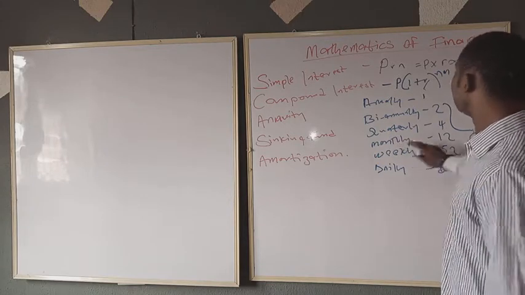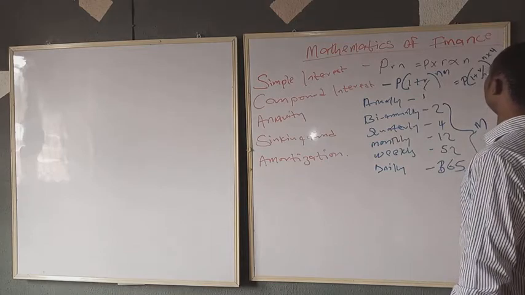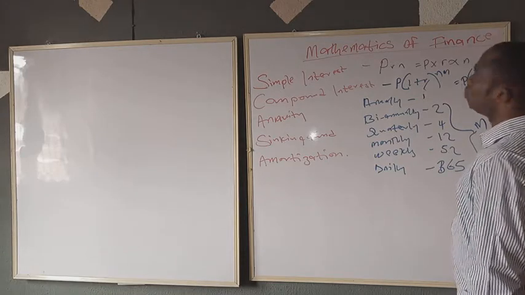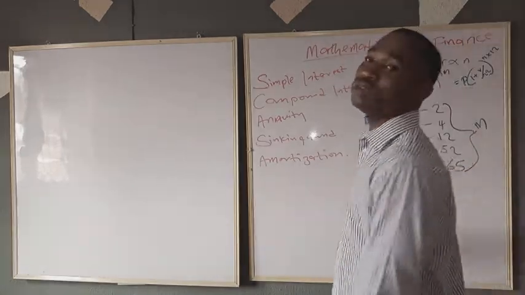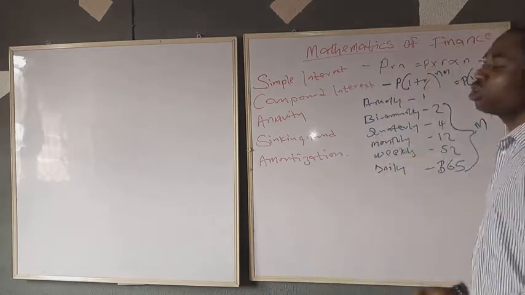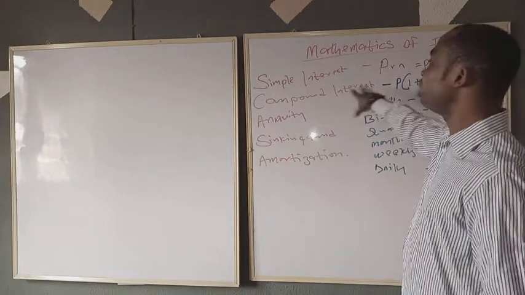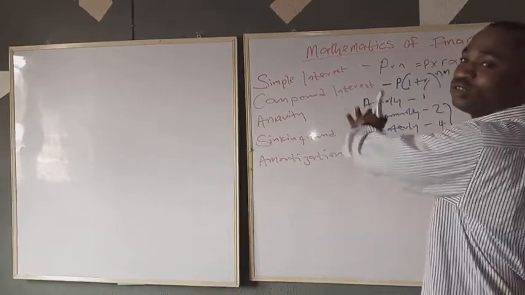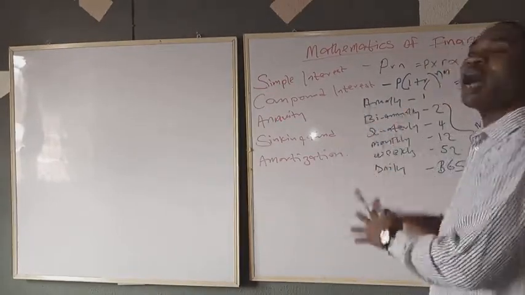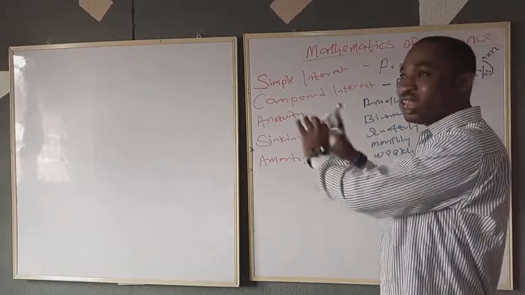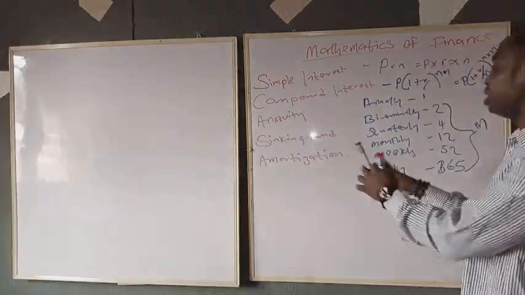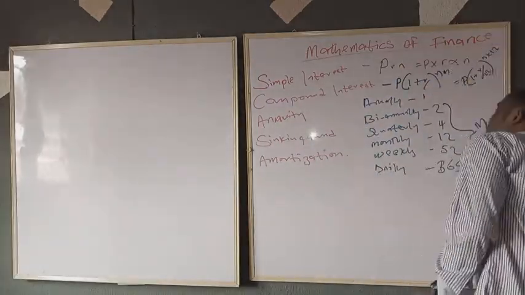If it's monthly, it's going to be 12 divided by 12 times 12. If it's weekly, 52. So that is how we calculate that on the compound interest. Actually, I'm still going to solve a lot of questions on each of them. I'm just trying to explain them now to know how we can simply identify each of them when we meet them in the exam.